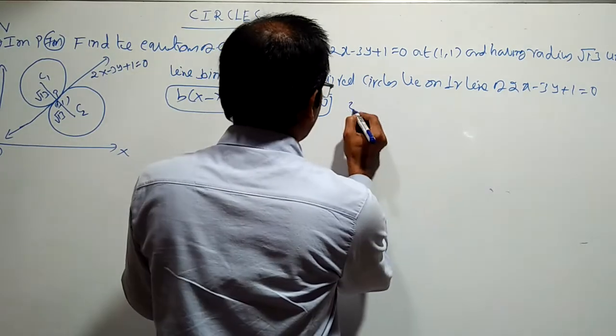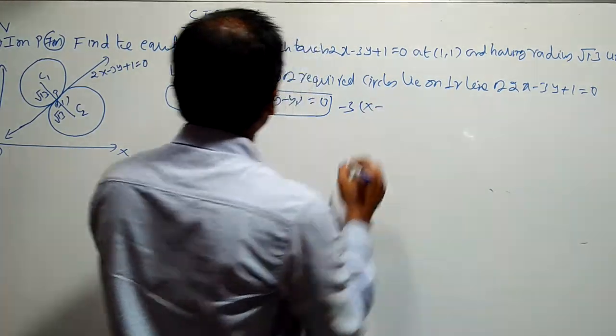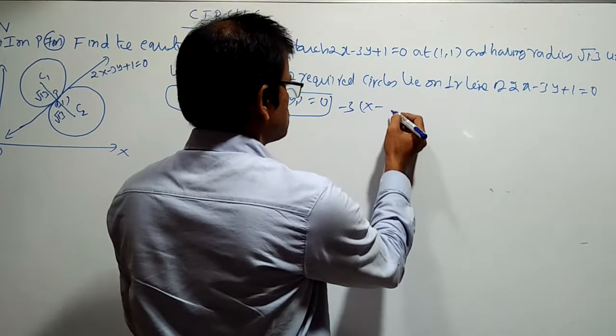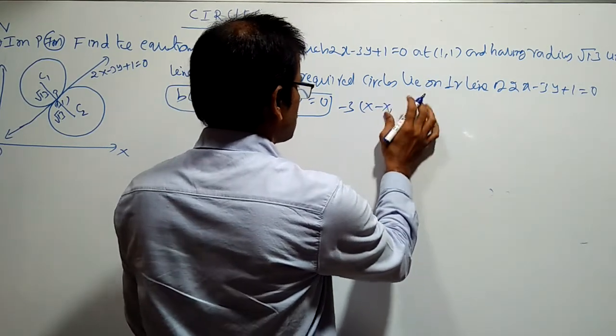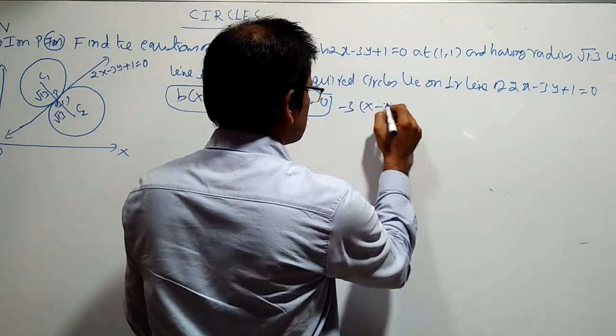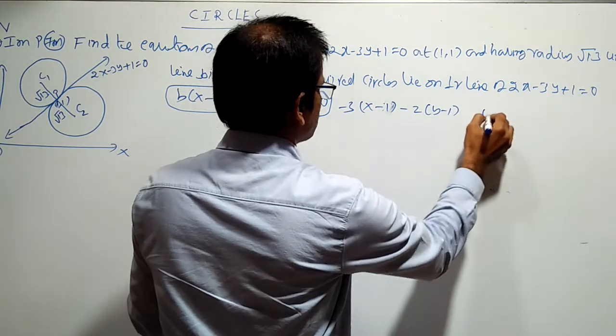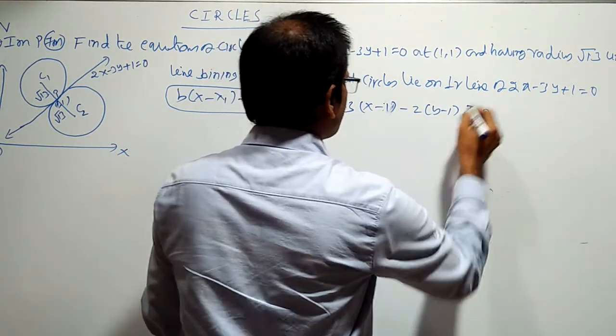B into what? What is b here? Minus 3. Minus 3 into x minus x1. x1 y1 is the point of contact, the common tangent of two circles. So minus 3 into x minus 1 you can write, and minus 2 into y minus 1 also you can write.